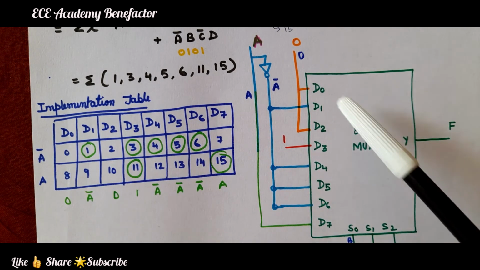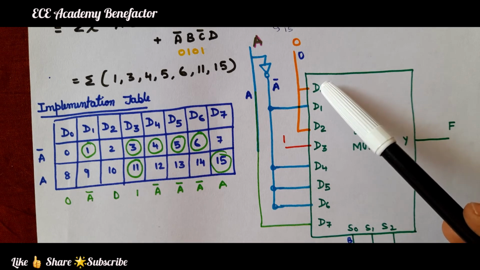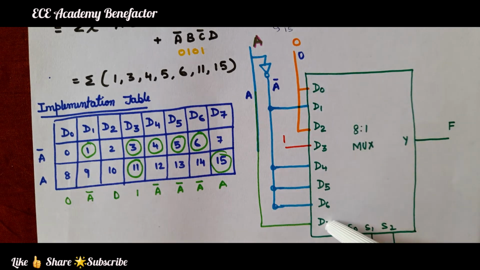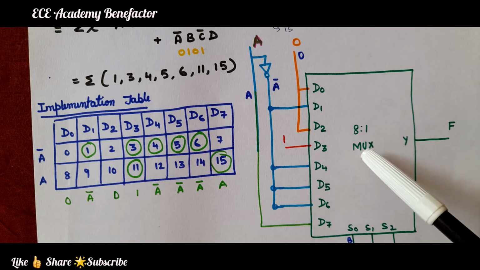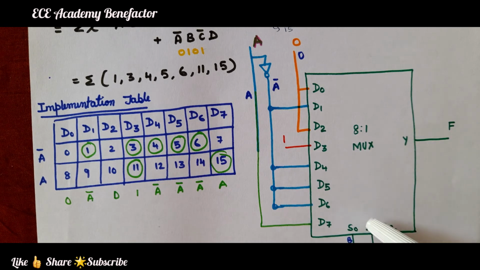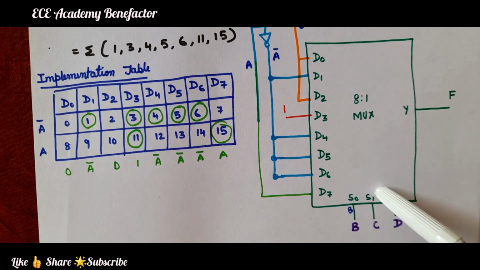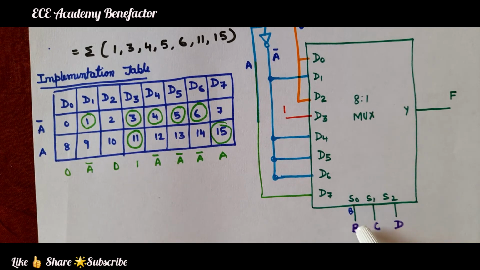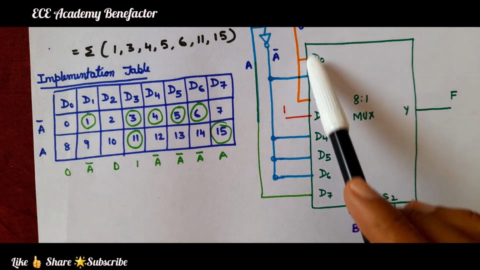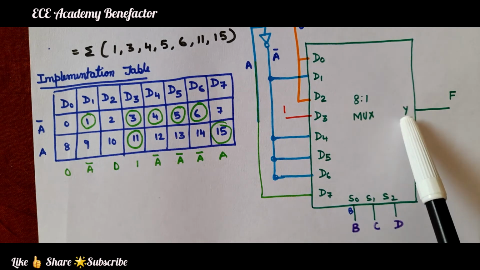8:1 mux will have 8 inputs starting from D0 to D7, and it will have 3 select lines S0, S1 and S2. And these 3 select lines are connected to the variables B, C, D. The function is having 4 variables A, B, C, D. The first variable is used in the implementation table and the other 3 variables are used as selection lines. 8 inputs, 3 select lines and 1 output.